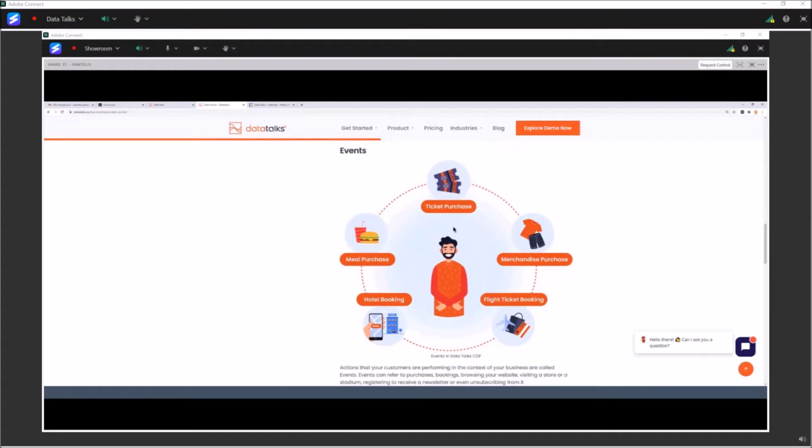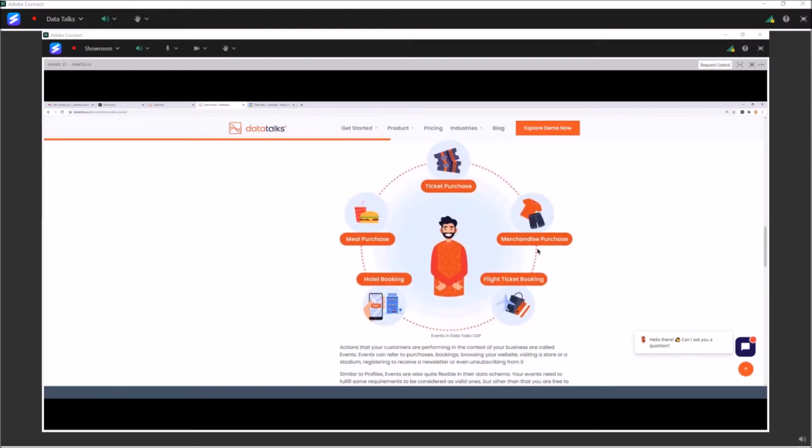Then we have the events, which can be any type of events. We don't have a predefined pool of events that you need to comply with. It's up to you to tell us what are the most important events that you have and you want to track in your business, on Datatox CDP. So we have a ticket purchase here, meal purchase, hotel booking, flight ticket booking, merchandise purchase, and so on.